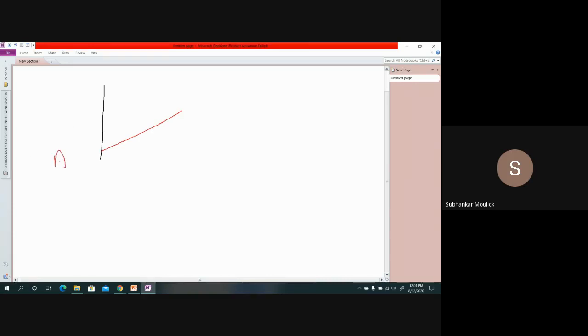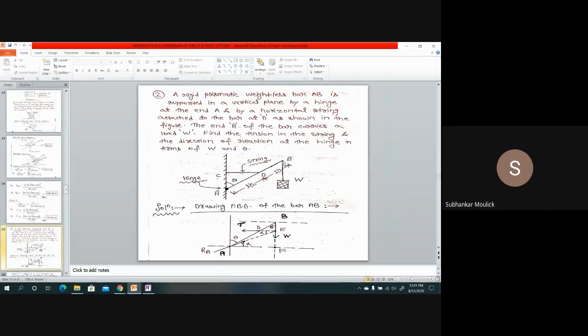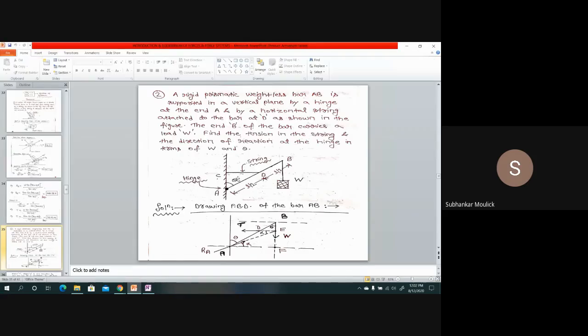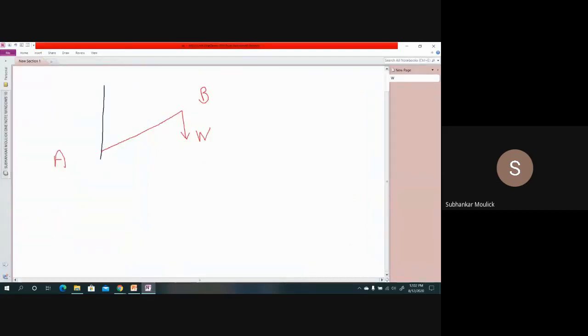That means A, and this is B. From the question, it is very much clear that from point B, a weight is hanging vertically downward. So this is your weight W acting vertically downward from the end point B of the bar, and the bar is making an angle theta with respect to this wall. So this angle is theta.